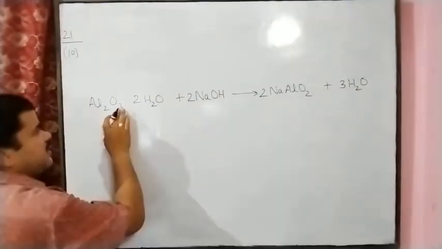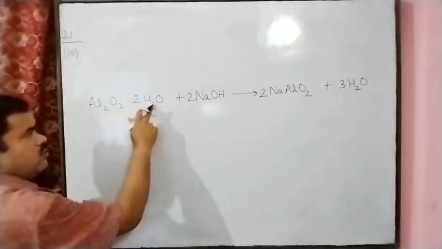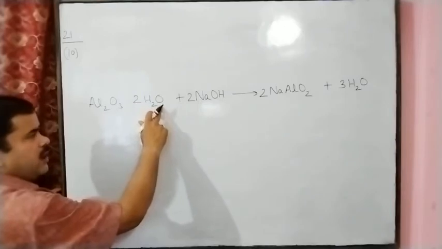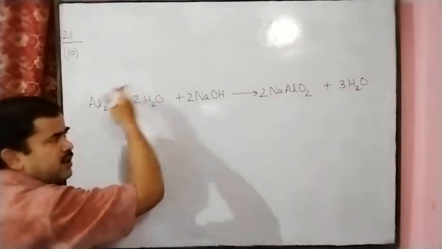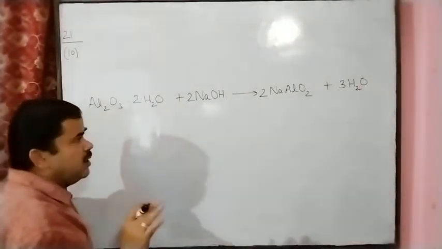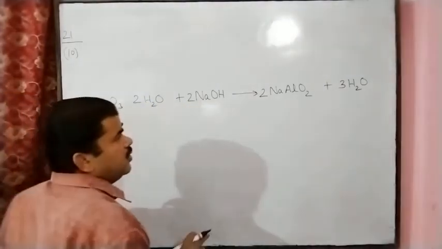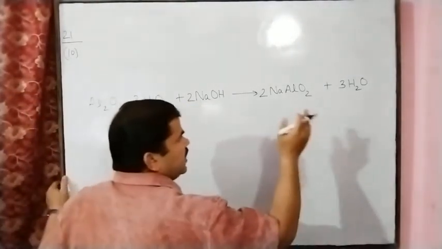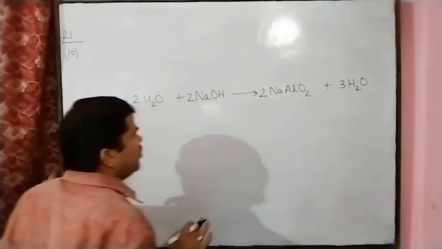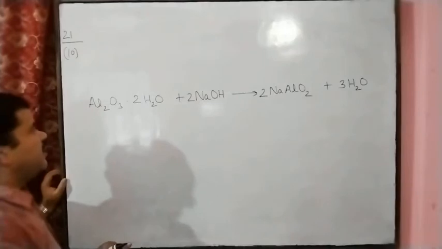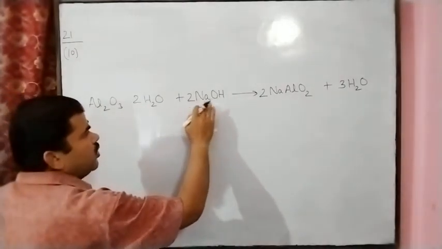So on the reactant side, 7 oxygen are present: 3, 2 and 2. And on the product side, 2 times 4 and 3 here. So 7 oxygen balanced.